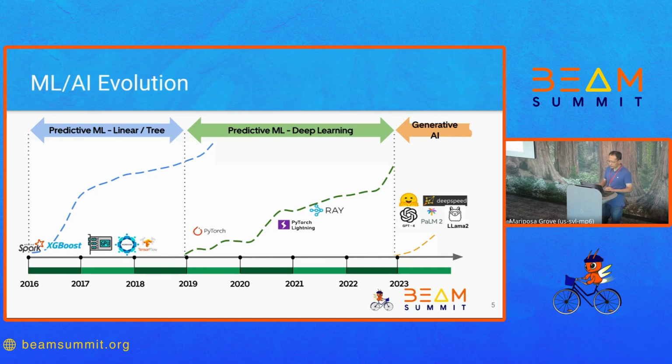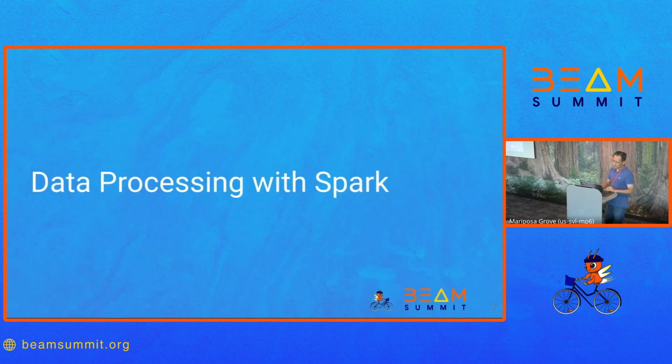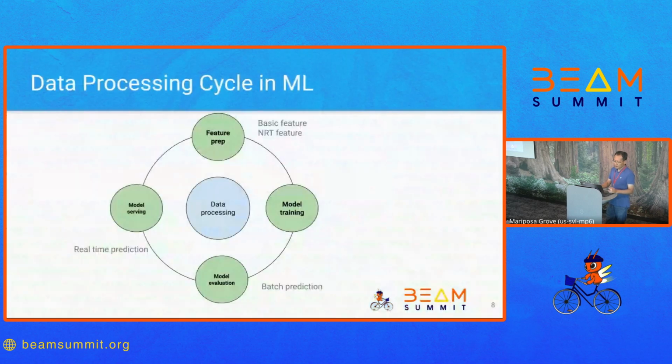Let's take a quick look at the scale we're handling. We have about 20K models continuously training every month. We have about 5,000 models in production right now, and peak prediction we're handling is in the range of 16 million. We use Spark a lot for data processing.